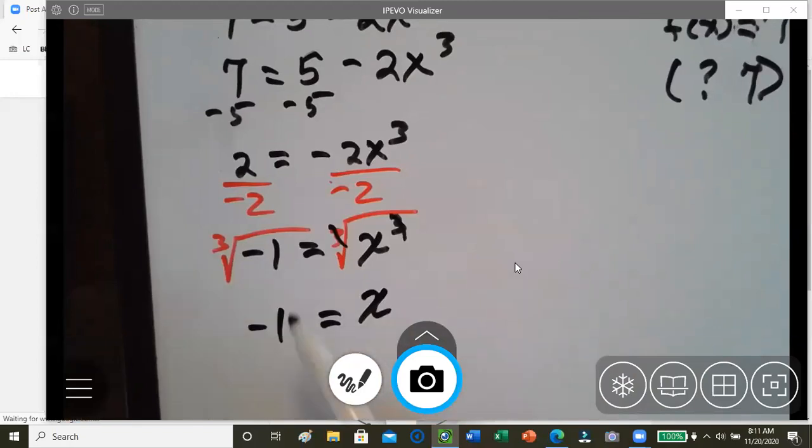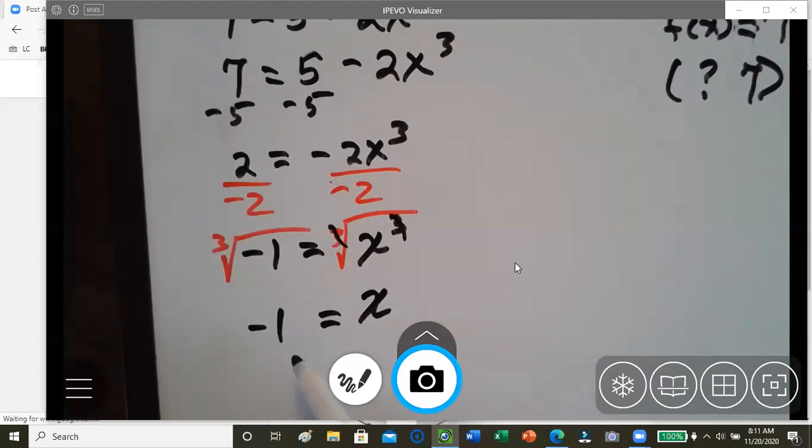Now, when you have an odd root, you don't have to worry about imaginary numbers, because negative 1 times negative 1 times negative 1 is negative 1. It's not like when you have even roots. So it's okay to get a negative for an odd root.